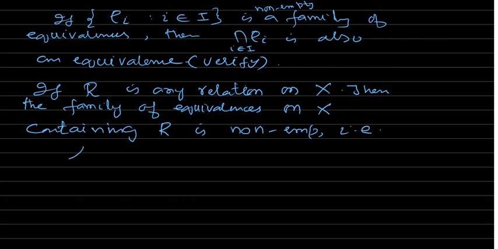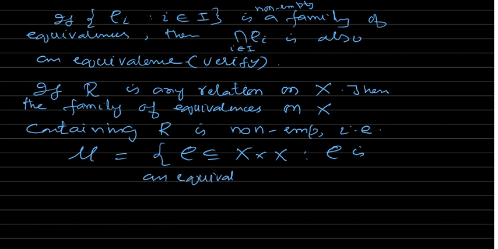That is, this class M, which are the relations rho, subset of X cross X, a relation on X, such that rho is an equivalence and R is contained in rho. That is, this class is non-empty.